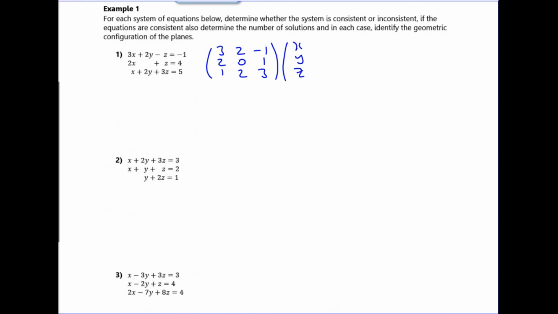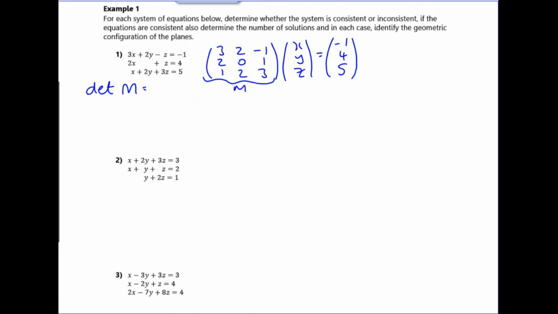Times x, y, and z. First thing I'm going to do is the determinant of that matrix, so determinant, let's call it M. I'm going to pick the middle row to do the determinant on, just because it's got a 0 in it.